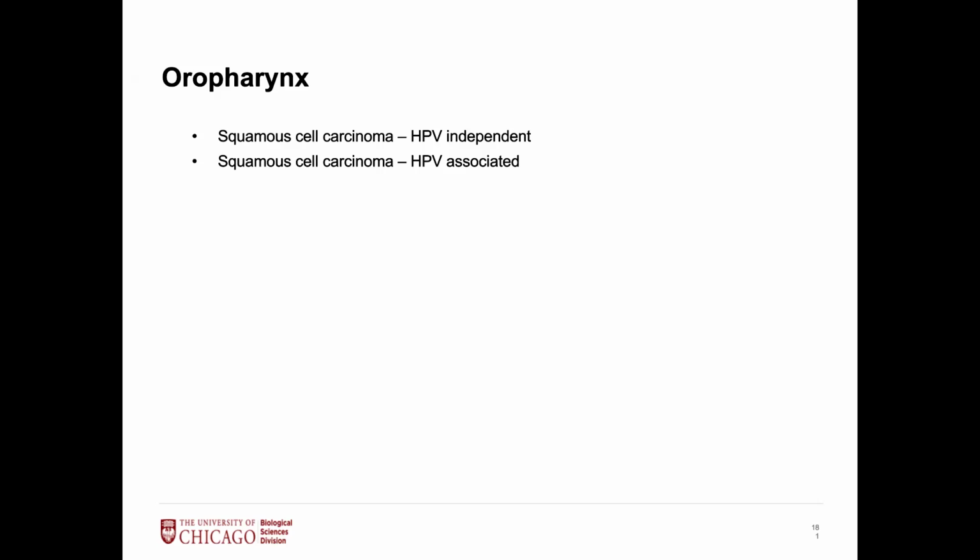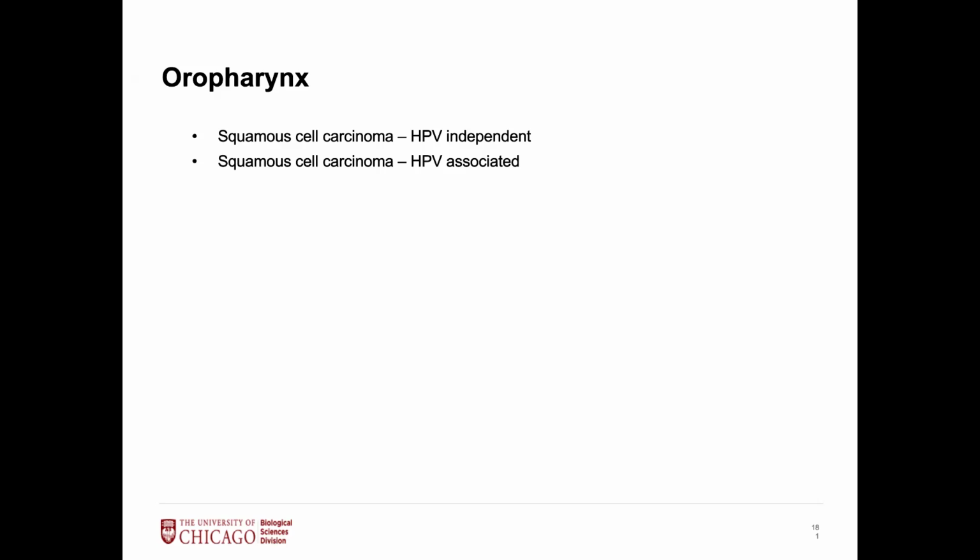And then they finally get the direct laryngoscopy with biopsy, and sometimes they find a mass in the tonsils, and sometimes they do not, because the primary can be so small. The primary can be tiny, tiny, tiny. So the patient's often more aware of this first than they are of the mass in their tonsil.